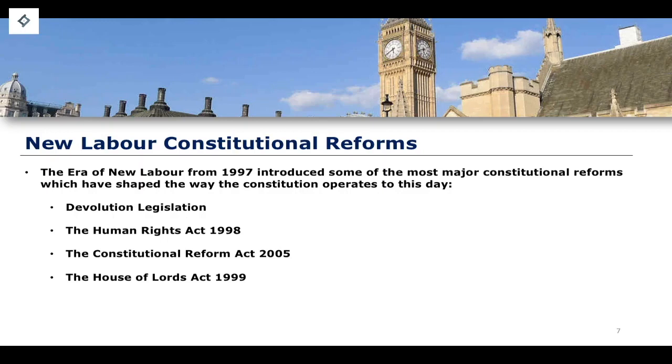In 1999, you also have the House of Lords Act, which removes a number of the hereditary peers, all but, I believe, 92, hereditary peers are removed out of the House of Lords. Of course, the idea of hereditary peerage is something of a very antiquated and outdated system.